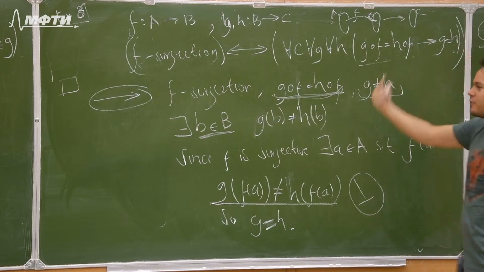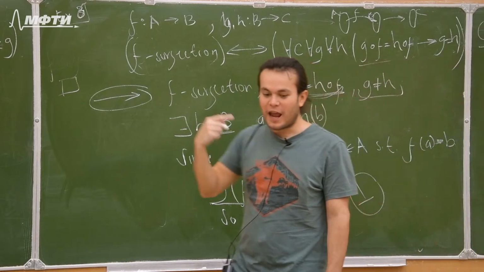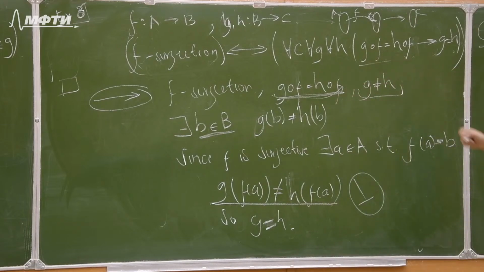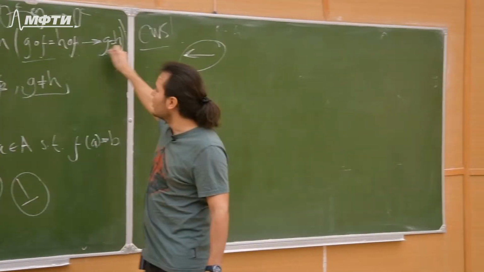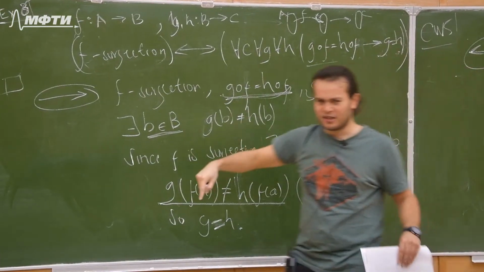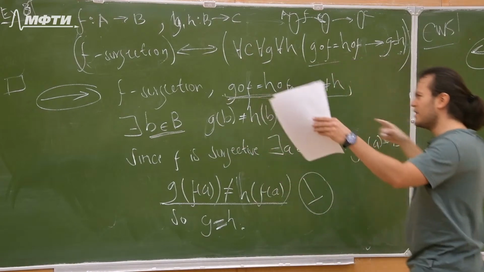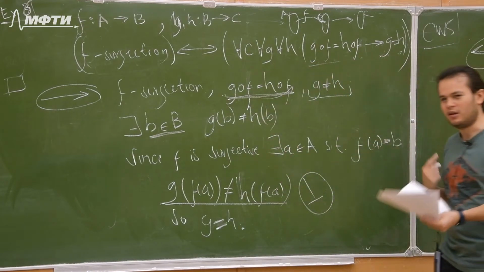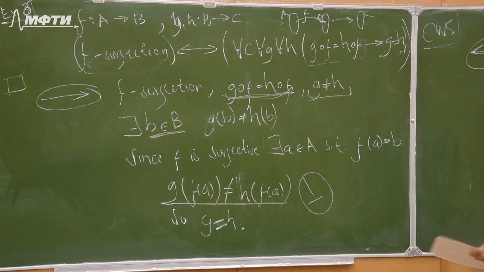So if we achieve to show that for F non-surjective, we find such functions such that this doesn't hold, it means that if this holds, then F is surjective. Okay? So we take the implication here and we change it for the opposite, and they're equivalent somehow.